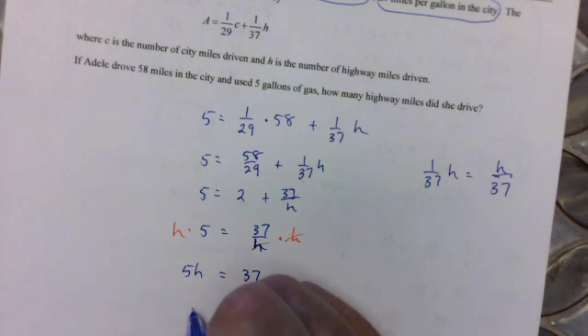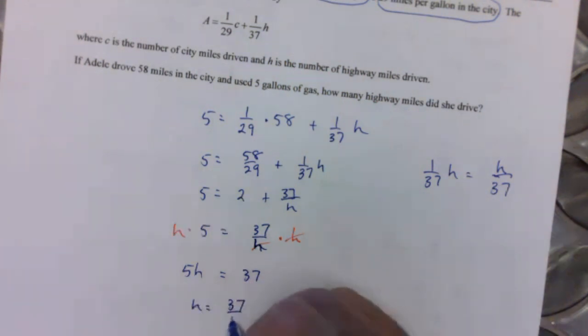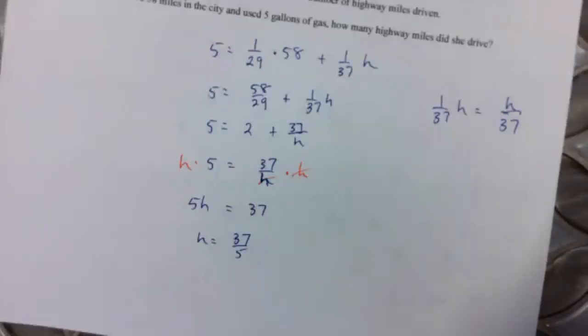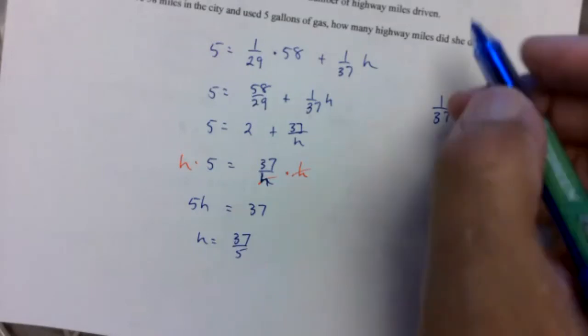Divide by 5. I get H equals 37 over 5. Question was how many highway miles? 37 over 5 miles.